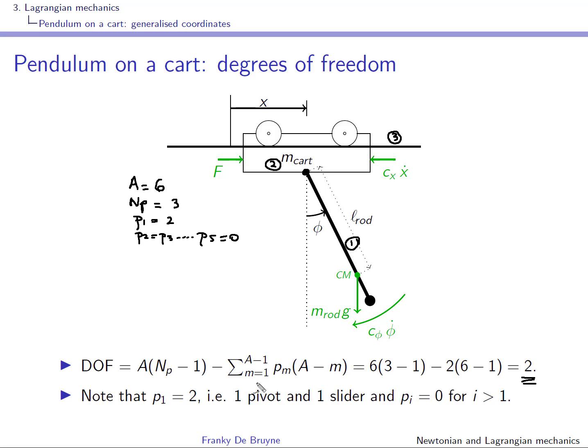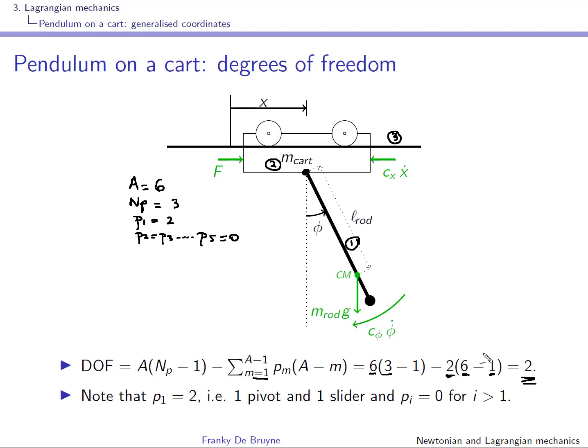There is only 1 term that will give you a contribution over here. It's m equals 1. So 6, that's A, that's NP, that's my P1, the only one that's giving a contribution. That's my A again, and the one that's giving a contribution is m equals 1, so we have 1 again over here. So we obtain 2.